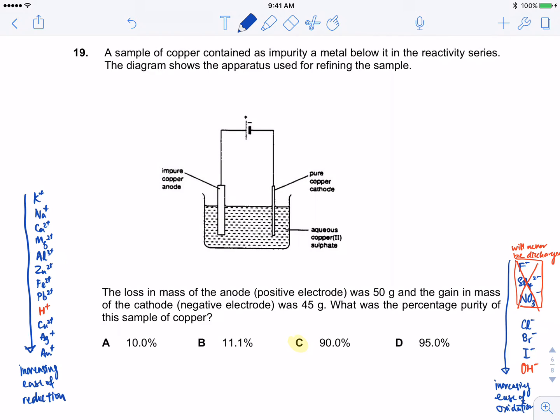Question 19. A sample of copper contains as impurity a metal below it in the reactivity series. Okay, this English is a bit strange.